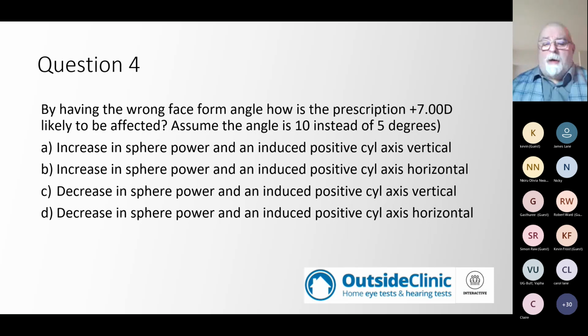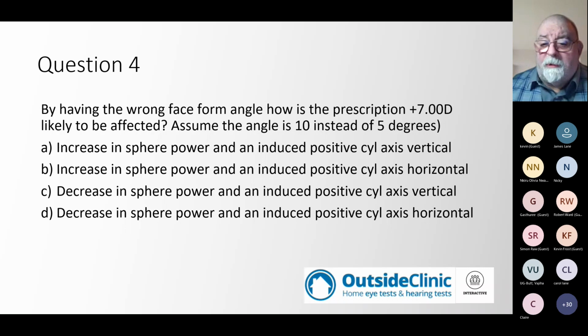Well, the face form angle is a vertical angle. It's a vertical rotation. And when we rotate vertically, we will have a vertical axis. So A and C are the only options we have now, because it will be a vertical SIL that is produced.